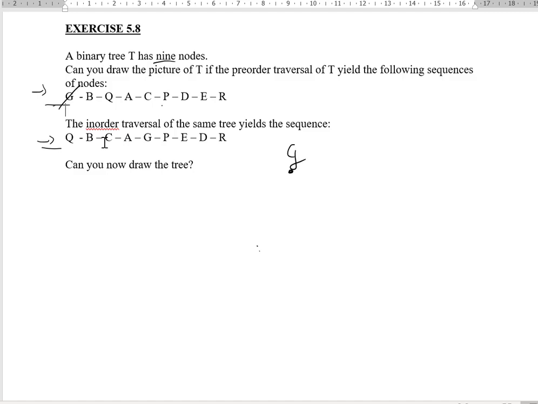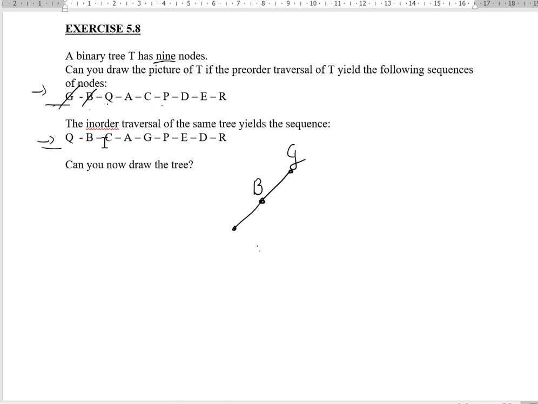Okay, this goes out. Next element in the pre-order is B, and it's still not visible in the in-order, so that means the left tree is B. Then we have Q, which also arrives at the in-order.